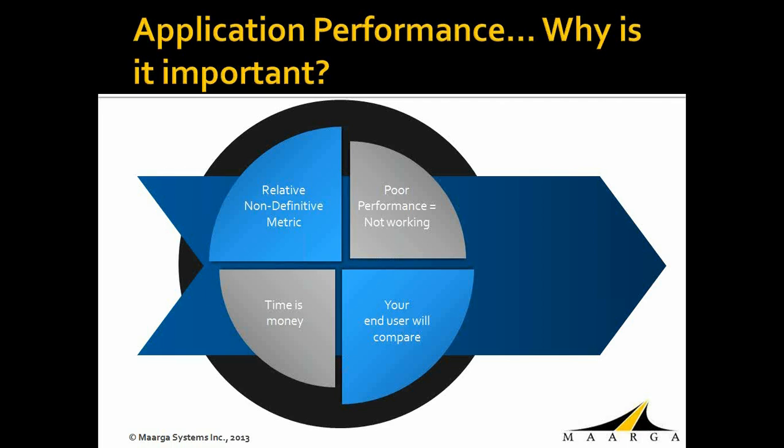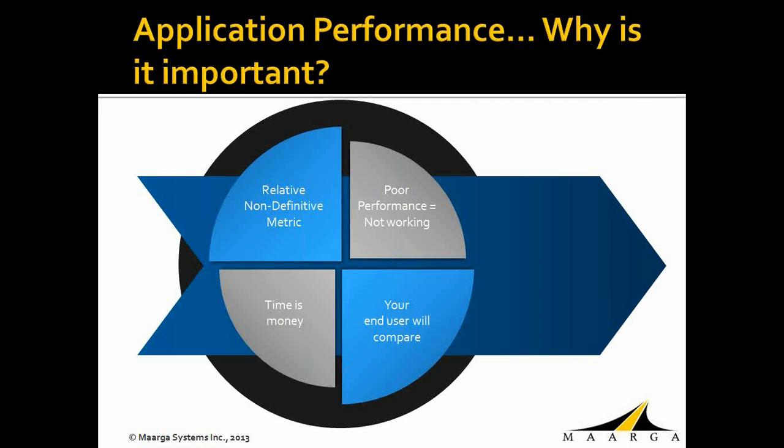We know that there's a redirection, or there are more than one vendors or more than one parties involved. So that seems acceptable, whereas if I type my username and password and click the login button, the same delay is termed as slow. So it is a non-definitive metric. It's a relative metric that changes from time to time and place to place and situation to situation.